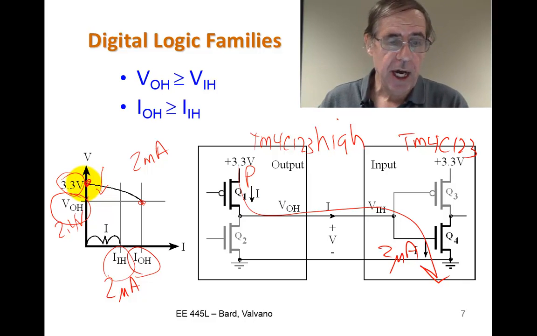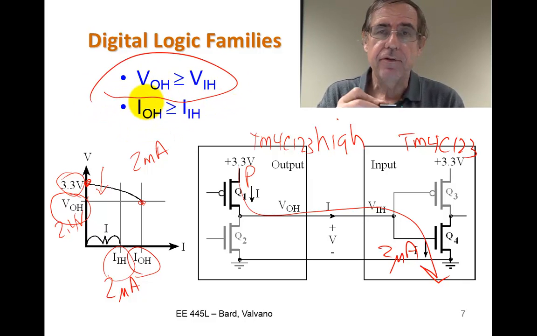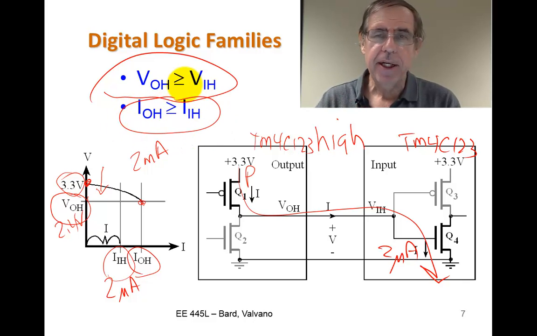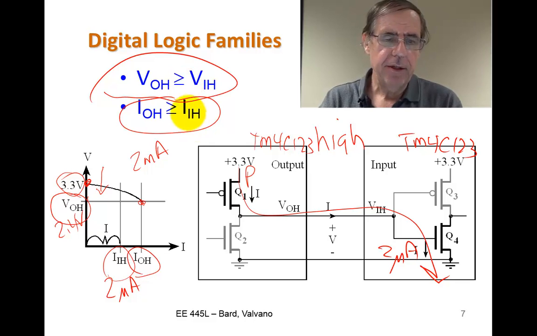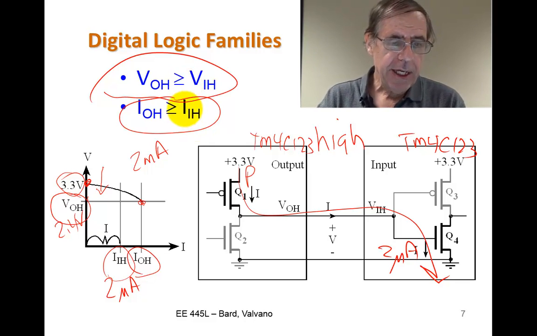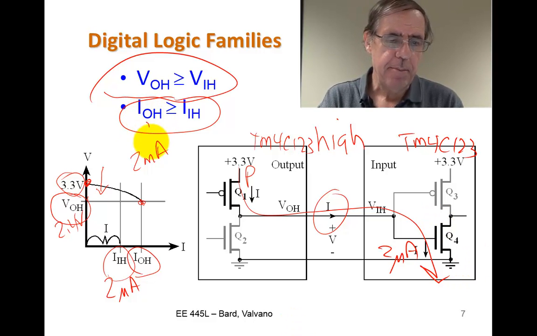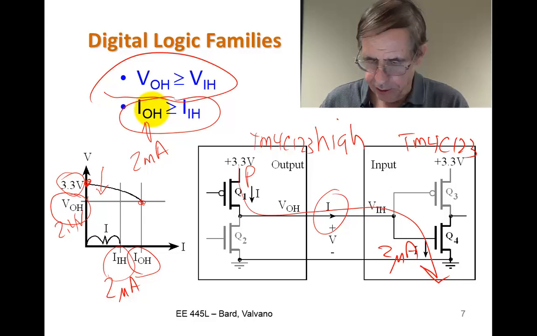All right, that's when it's high. And so in order for it to work, we need the output voltage higher than the required input voltage, and we need the ability to source the current to be larger than the current needed for the inputs. Okay? And again, the actual operating point of current is going to be determined here by the currents that the input used, and not by the maximum current that this thing generates.